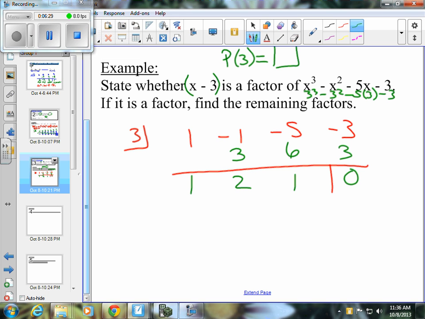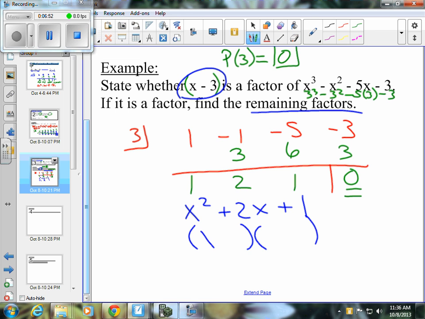That means x minus 3 is a factor of that polynomial because we got a 0 remainder. So that means if I plug in 3, I'm getting 0 into that function. Well, the cool thing about this is not only now do I know that x minus 3 is a factor, I can write the polynomial that I have left, and I can see what the remaining factors would have to be by factoring the polynomial that I get when I do the division.